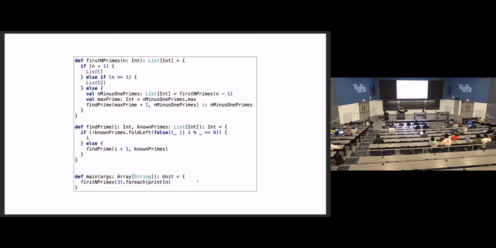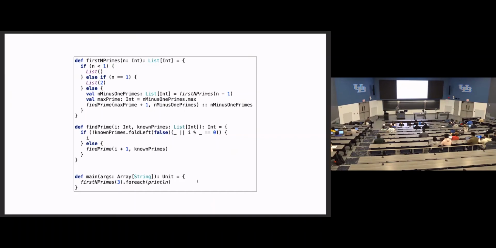We're going to use recursion twice in this method. Both of these methods are recursive. So I'm trying to hammer down recursion while continuing our conversation about immutability. If you have questions on either of these topics, list buffers aren't allowed either. Here's the example for you. This first n primes is going to return the first n primes.